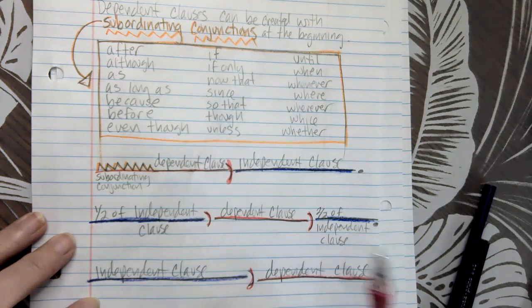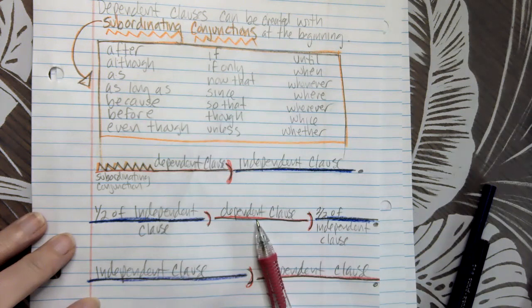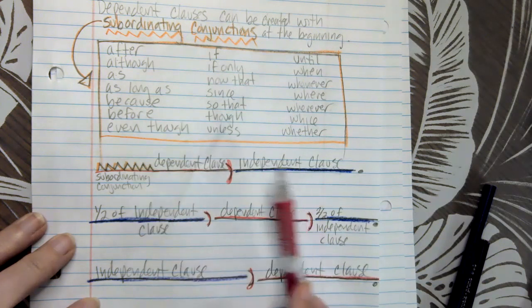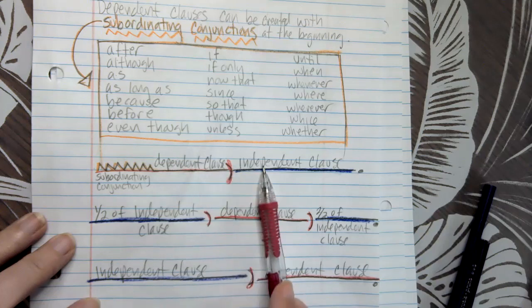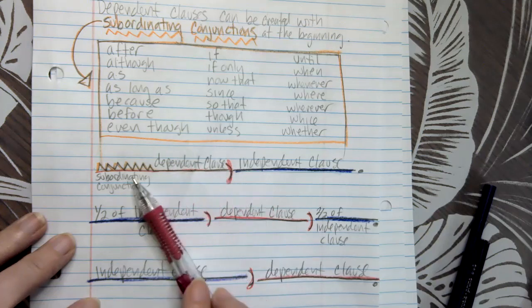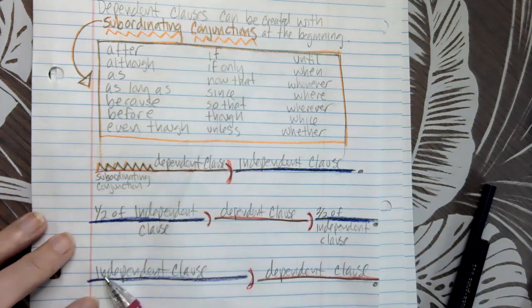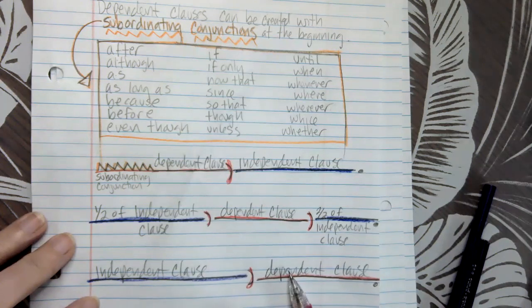Notice that in one of these, we actually have 2 commas because we inserted the dependent clause right into it. In this one, we only have 1 because here we have the independent clause. The dependent clause is in front of it, so we put the comma in front of the independent clause, or we could say we put it after the dependent clause. Here, we put the independent clause first, and then we're separating the dependent clause from that with a comma.